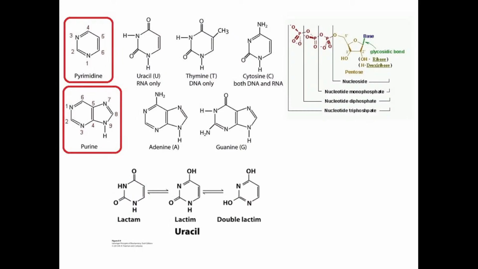Well, about structure. DNA and RNA are polymers of nucleotides. And the nucleotides, again, I must repeat this. I see that this information is very often well known, but the details are unknown to many students.